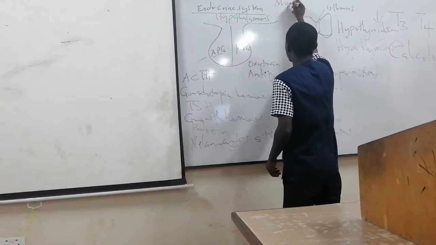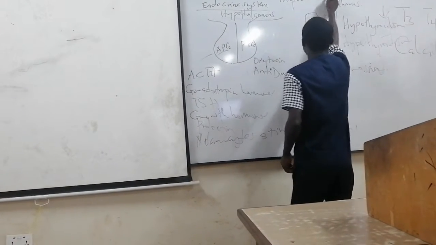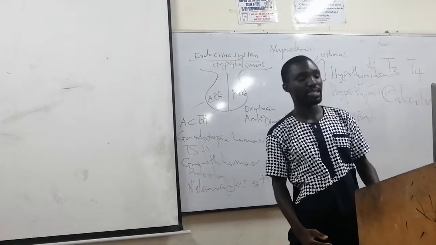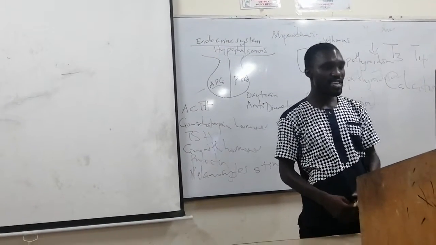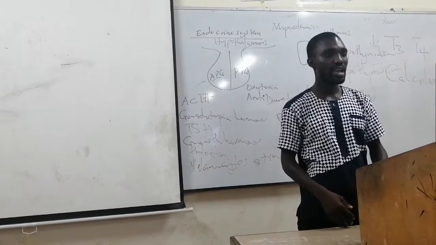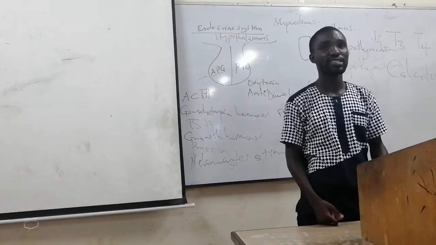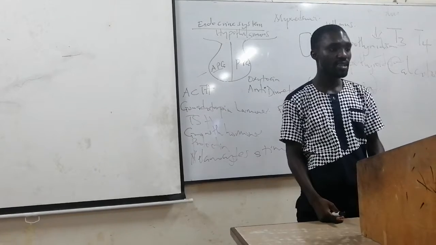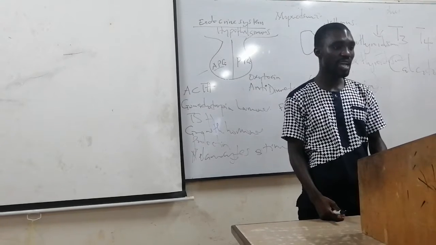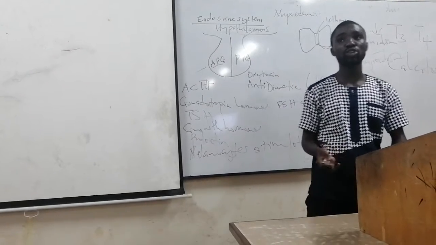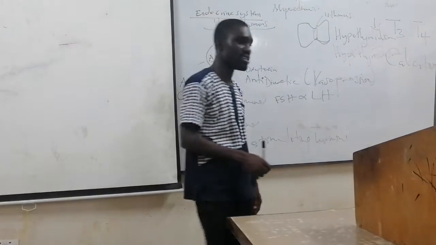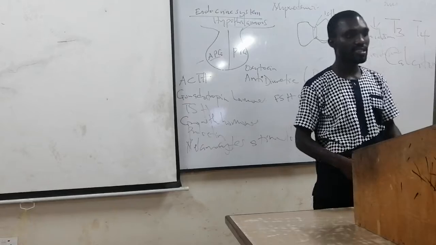And there is one form of hypothyroidism known as myxedema. Myxedema is a type of hypothyroidism, and sometimes we even call it a crisis. It's a severe, life-threatening complication of hypothyroidism that most of the time is a result of abnormally low levels of T3 and T4 hormones.